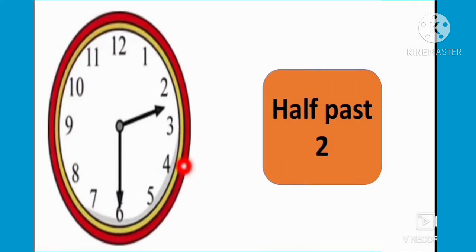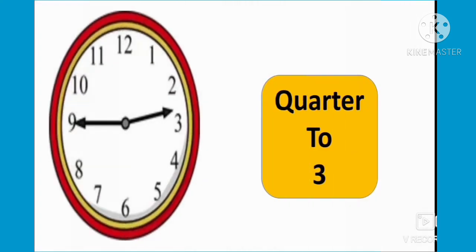When the big hand hits the 6, it is halfway around the clock, which makes it half past the hour. And here we can read it as half past 2. When the big hand hits the 9, it means there is a quarter of the clock to the next hour. It can be read as quarter to 3.